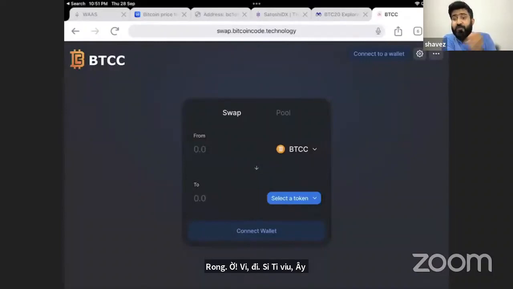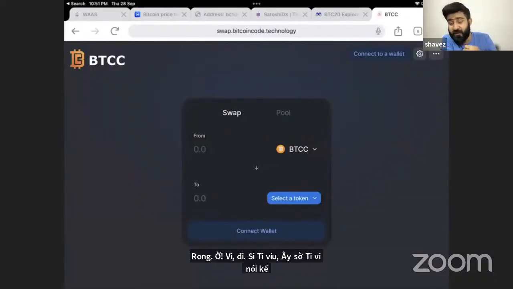Okay, you can cash out directly from BTCC to USDT also.